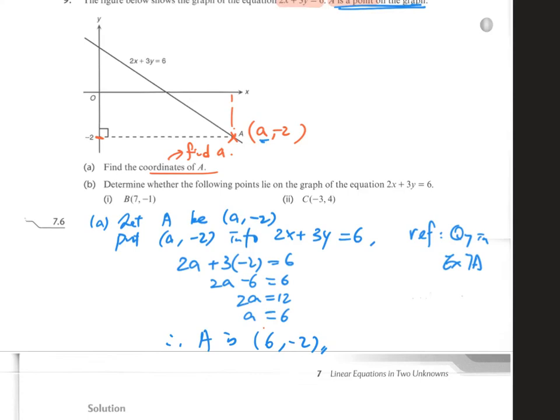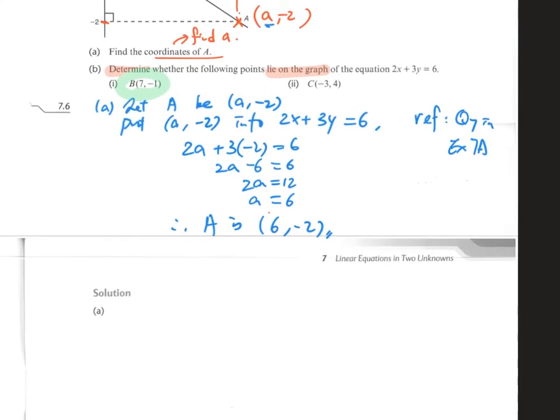And then afterward, in order to determine whether the point is on the graph or not, in this case, we have to check the left hand side and right hand side. I will take point B as an example.